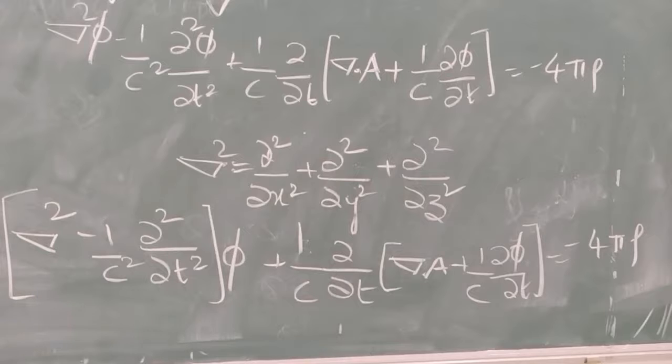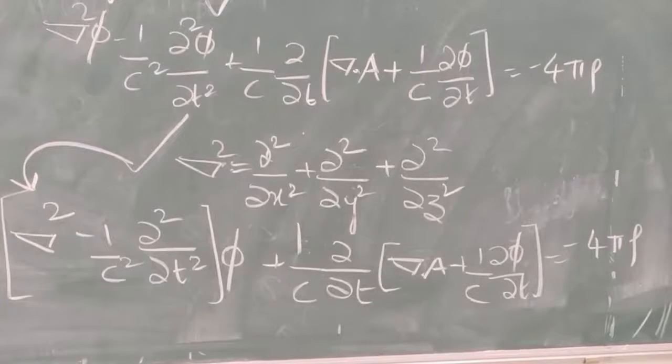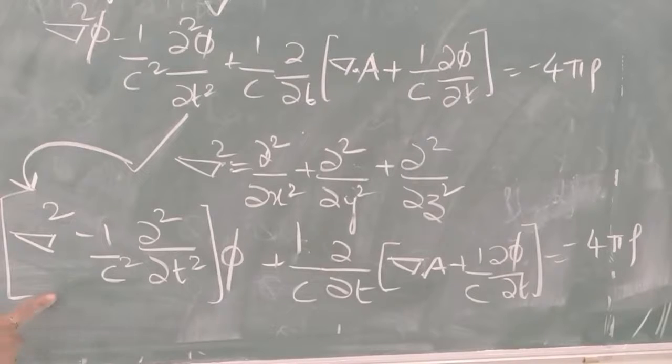So in this, what we have specified, del square is equal to dou square by dou x square plus dou square by dou y square plus dou square by dou z square. This term we can substitute here. Substituting the value of del square in this equation, what does the equation turn to?